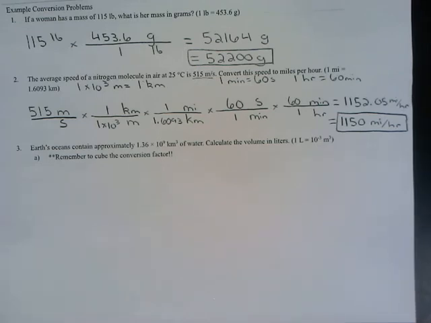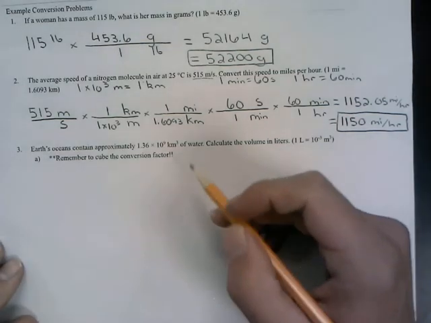Now, we have Earth's ocean. It contains approximately 1.36 times 10 to the 9th cubic kilometers of water. Calculate the volume in liters, and we have a conversion factor here. So what we have to do first is write down what we are given.